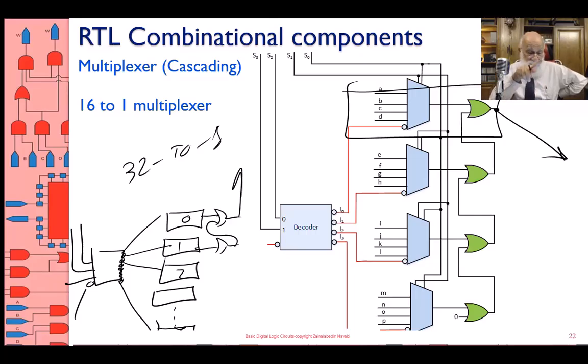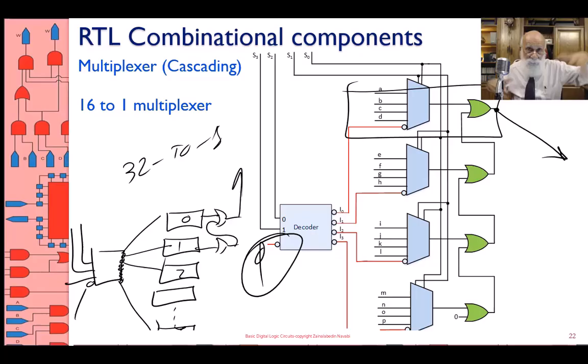Not only that, since I'm using a decoder with an active low enable, if I put a 0 here, the whole thing is enabled, and the output reflects A through P inputs depending on S3, S2, S1, S0 being 0, 0, 0, 0 to 1, 1, 1, 1 selecting P. 0, 0, 0, 0 is selecting A, but they select A through P only if the whole thing is enabled. The whole thing is enabled when I have a 0 on the enable of the decoder.